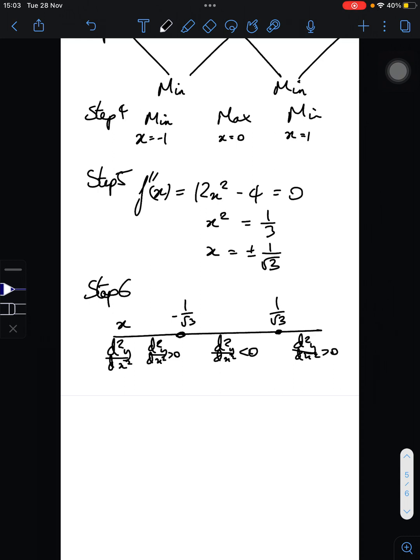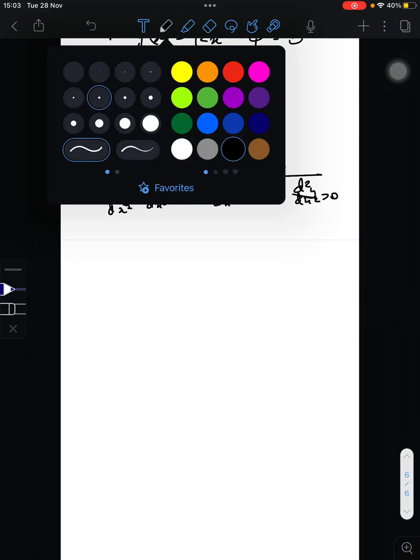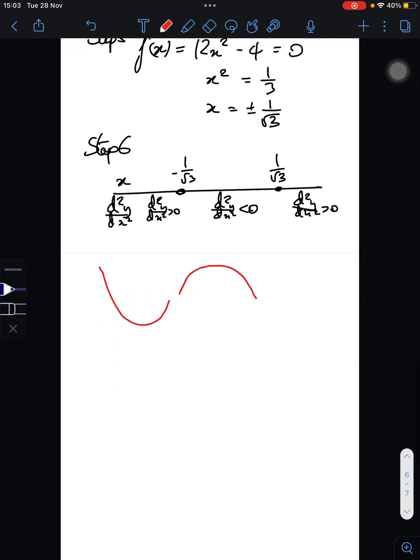And so this means that before this stage here, because the gradient is greater than 0, we're going to be concave. After that point there, we're going to go into convex.